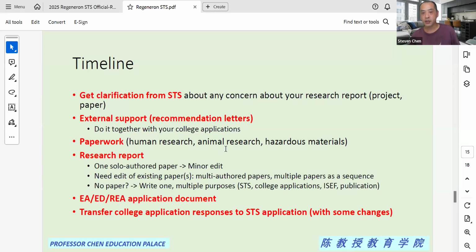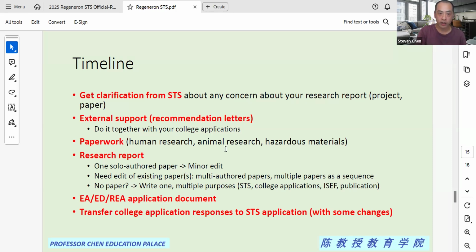For example, maybe I have published a paper, but I'm not a solo author. This was in collaboration with my mentor, or even in collaboration with another high school student. So if this is the case, as I mentioned earlier, STS evaluates every individual student's credentials in STEM, right?